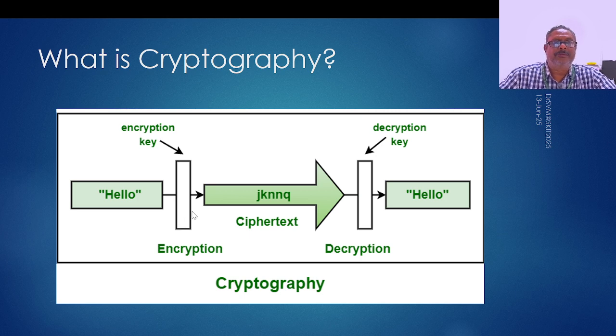There is another one which is asymmetric, where the two things are different. That means there is one key for encrypting the data, and we have another key for decrypting the data. So the other key is with the receiver. Anybody can become a receiver, but only one will be the sender for any particular data.